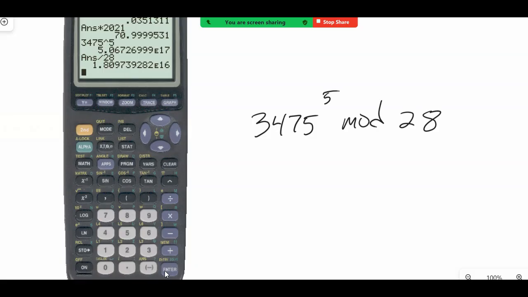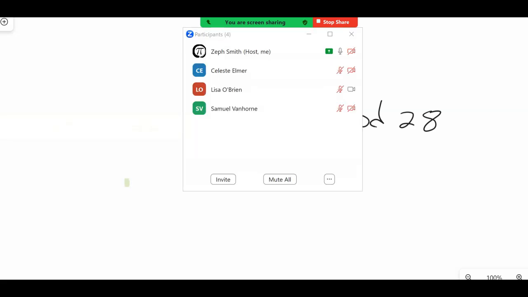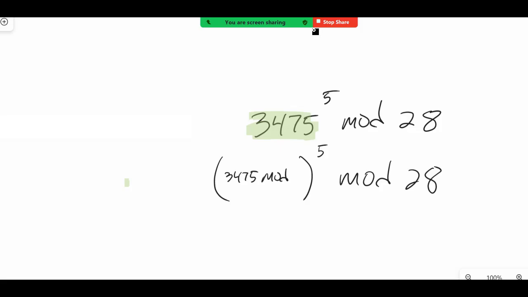So instead, we replace this. Oops. Oh, crap. Showed the participants. We replace this with a 3475 mod 28.